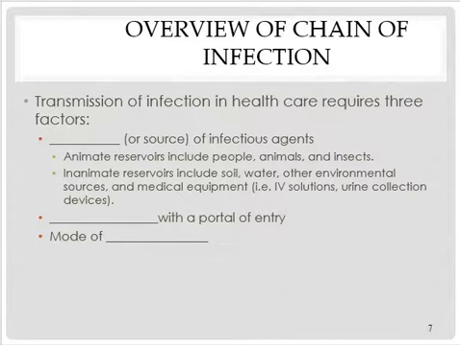Your reservoirs can be animate reservoirs, including people, animals, and insects, or they can be inanimate reservoirs, which include soil, water, and other environmental sources, and medical equipment that you see in the hospitals, such as your IV solutions, your urine collection devices, your pumps, any medical equipment that we use in the hospital.